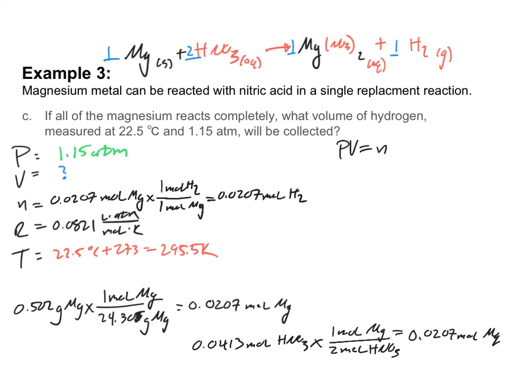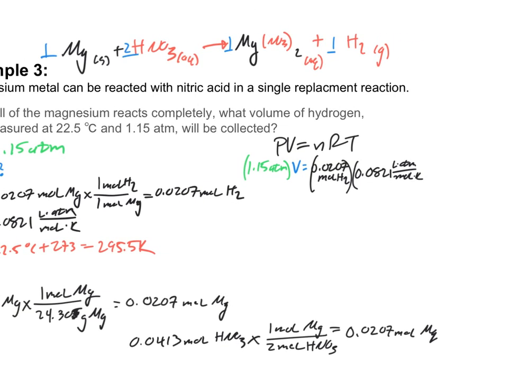So now, PV equals nRT, if P is 1.15 ATM, and we're looking for volume, and we know that moles is 0.0207 moles of hydrogen times R, which is 0.0821 liters ATM moles Kelvin. I've got to move all this business over here.